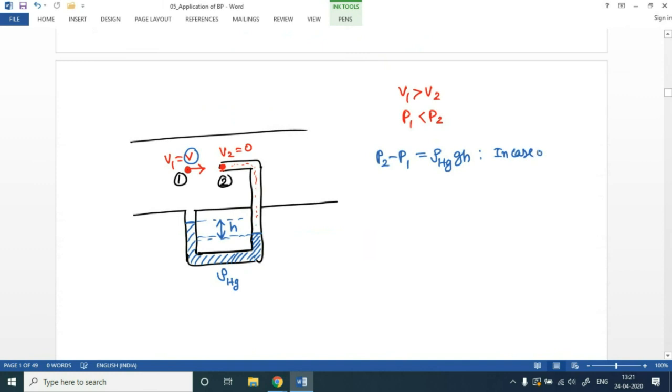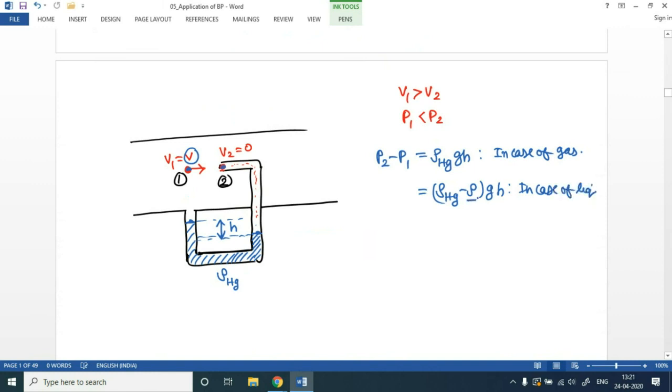If we are using some liquid over here, the pressure difference will be due to this liquid column as well. So this term will be (rho Hg minus rho) into g into h. That is in case of liquid.